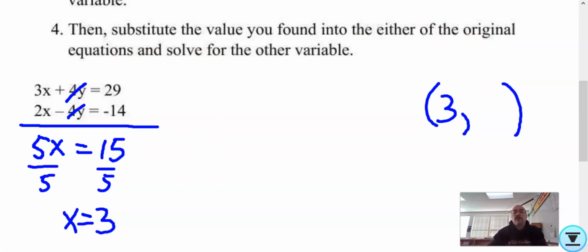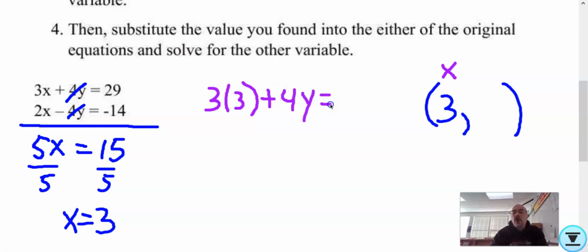I know what that means. I'm going to pick the top equation and replace the x in that equation with a 3.